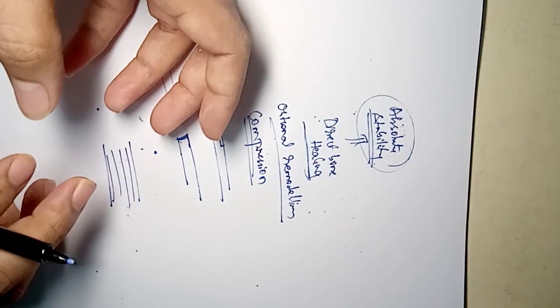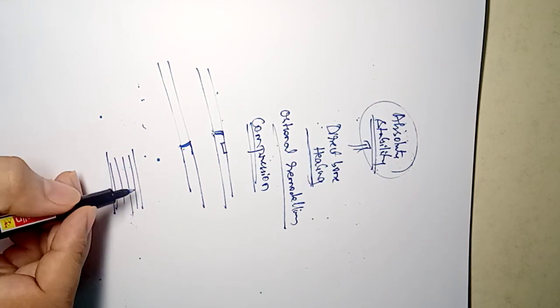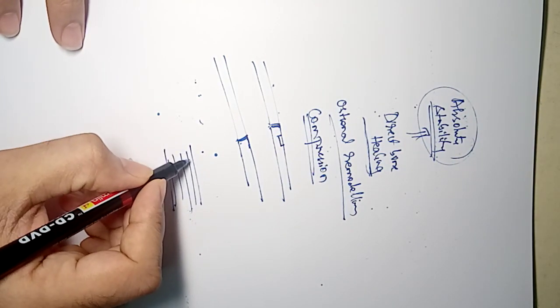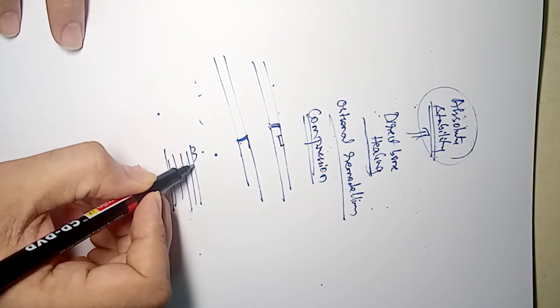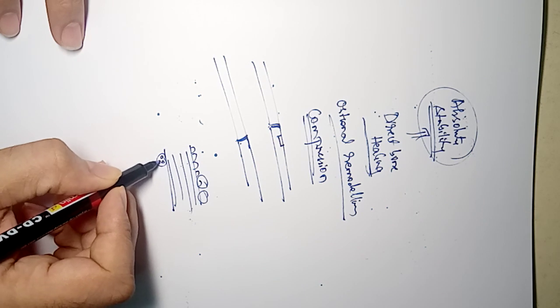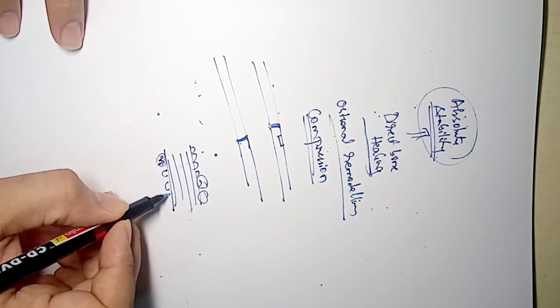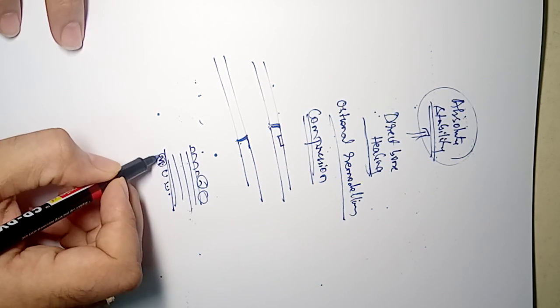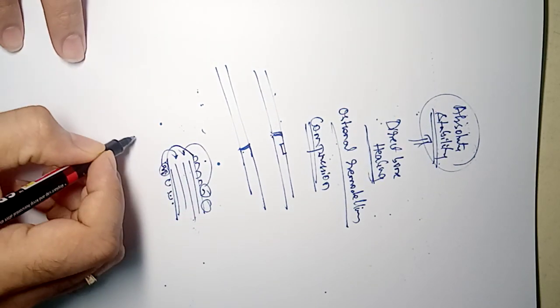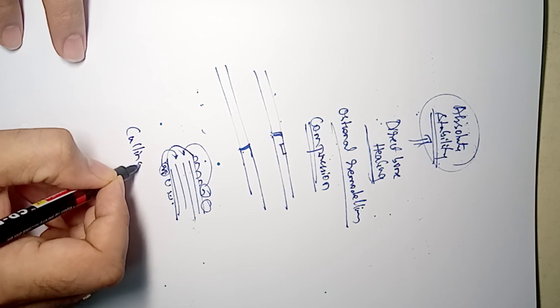Of course they are arranged in a twisted manner, but for simplicity we assume like this. On the surface there are osteoblasts and some osteoclasts. They come in the center and they form something called a cutting cone.